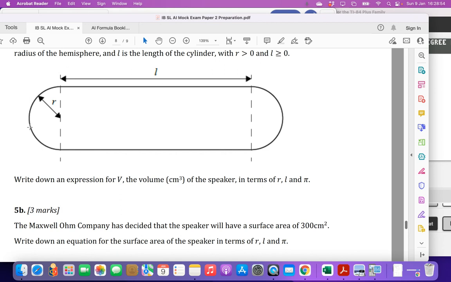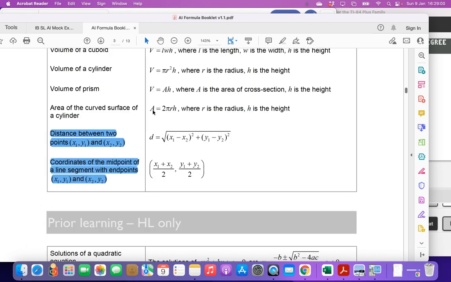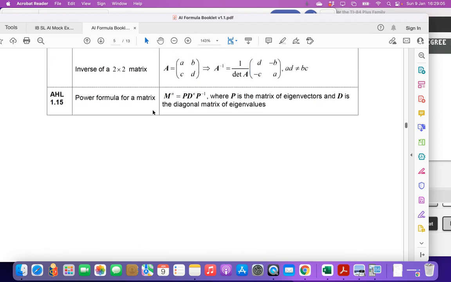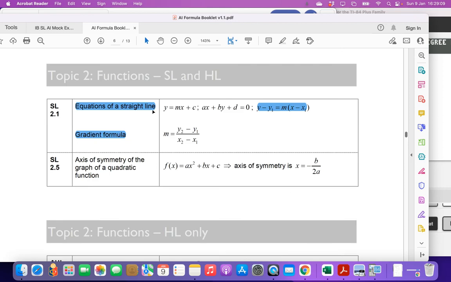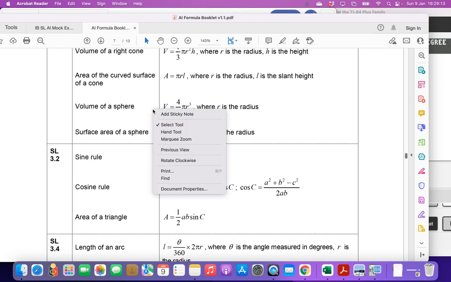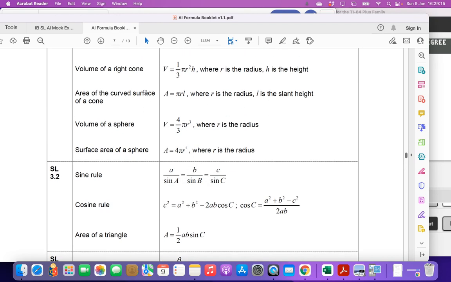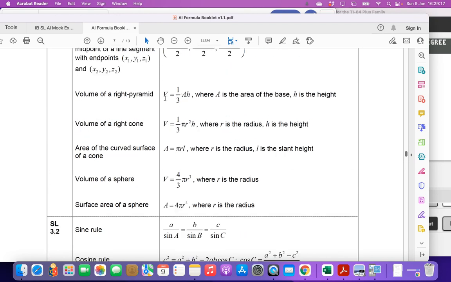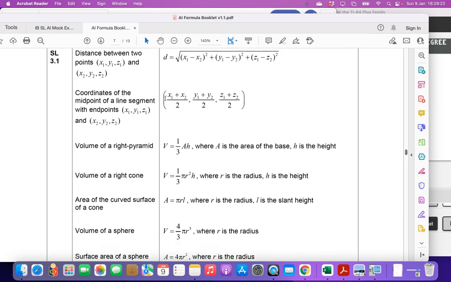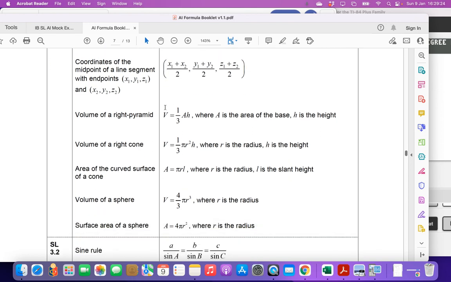Okay, so again, the surface area of a sphere is 4 pi r squared in the formula booklet. And the curved surface area of the cylinder is what we did before, 2 pi rL, when we did that on paper 1.